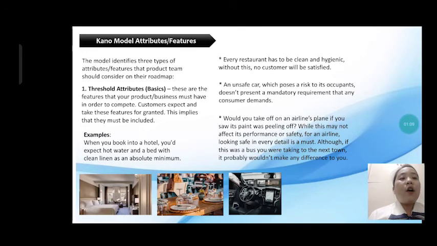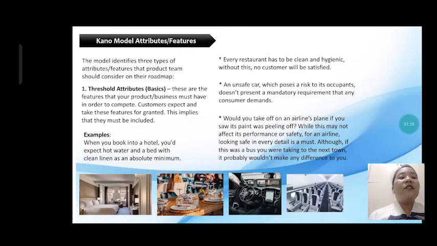Would you take off on an airline's plane if you saw its paint was spilling off? While this may not affect its performance or safety, for an airline, looking safe in every detail is a must. Although, if this was a bus you were taking to the next town, it probably wouldn't make any difference to you.